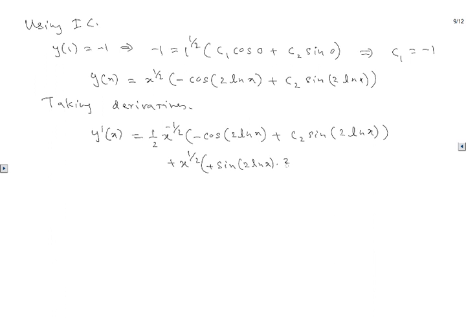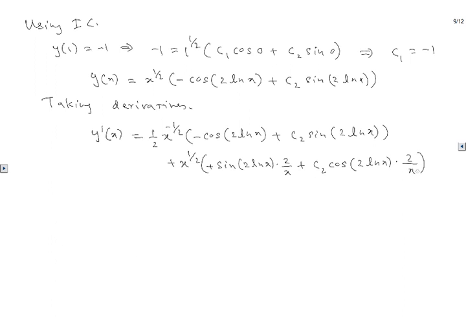So it's 2 times 1/x, plus, now do the other one. You can see it is c2, the derivative of sine means cosine, and as before, cosine of 2 ln x times 2 over x. That's what you get.